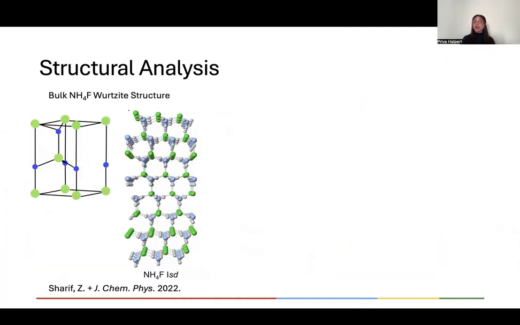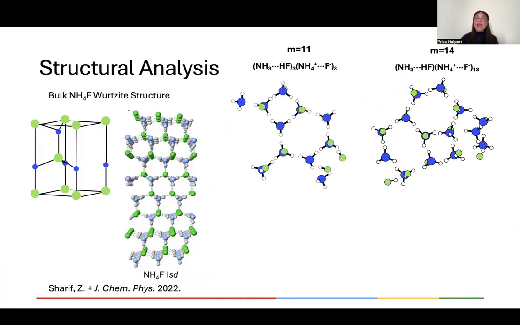Now, to do this, we do a structural analysis to give you a little bit of background into the structure of ammonium fluoride. Bulk ammonium fluoride exists in a Wurtzite structure, which is a bunch of tubules of hexagons. And we do look at the structures that our transrot calculations are able to give us, and we definitely see a prevalence towards these hexagon shapes.